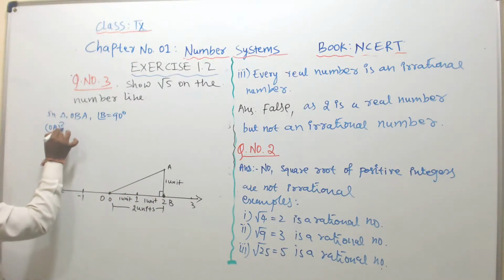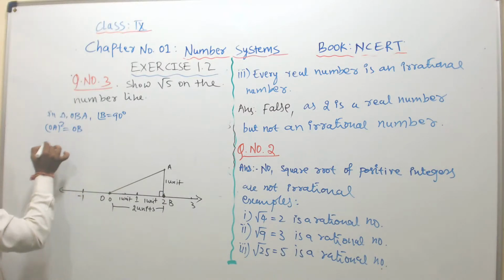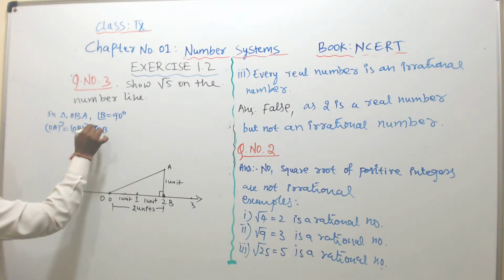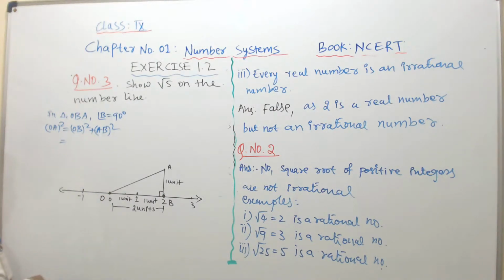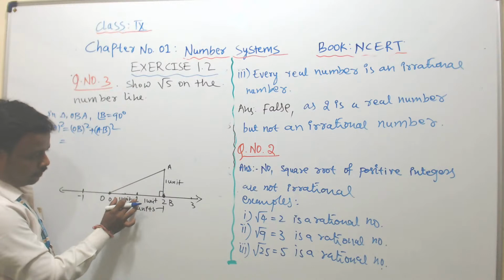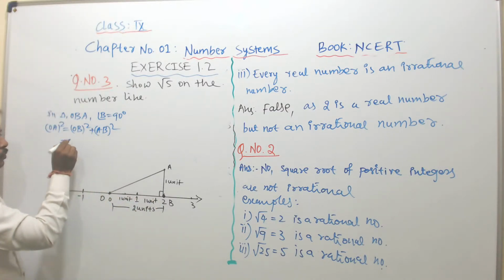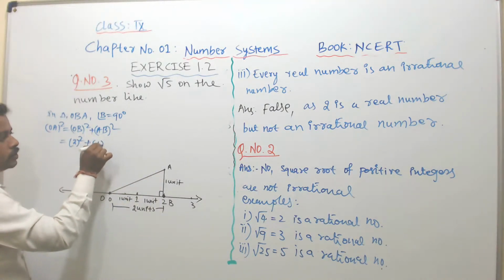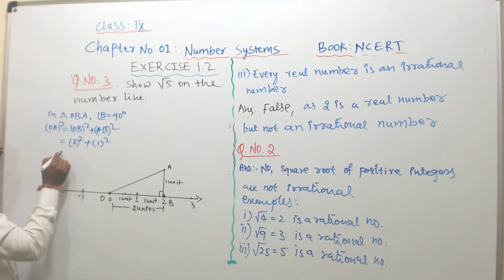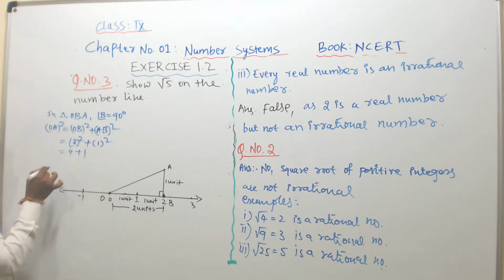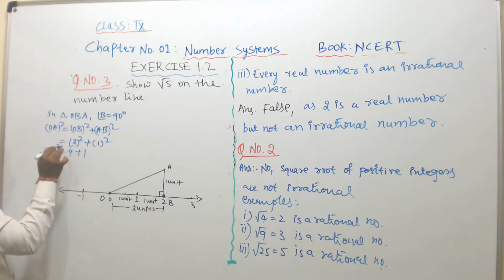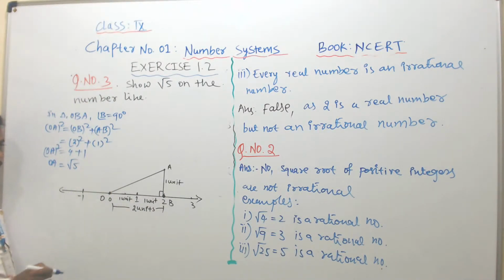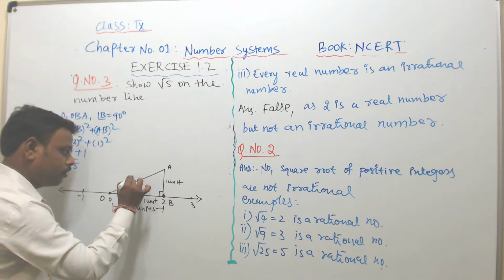OA square is equal to OB square plus AB square. OB is 2, so 2 square. AB is 1 unit, so 1 square. That is 4 plus 1, which is OA square. Then OA is equal to root 5.